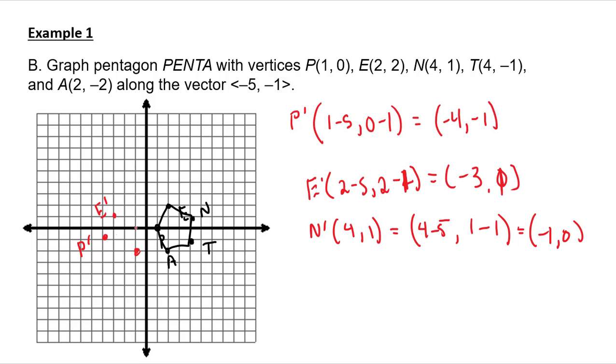I keep messing this up because I'm trying to go too fast. A, 1, 2, 3, 4, 5, down 1. So I have my A prime, there's my T prime, and then my N prime in our new value. I apologize for so many mistakes on that.